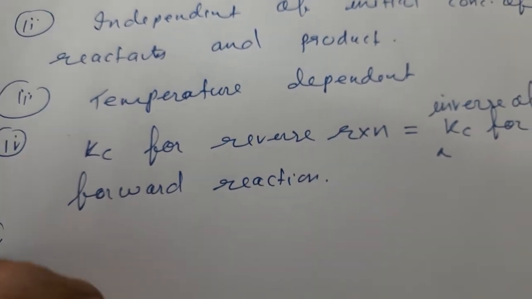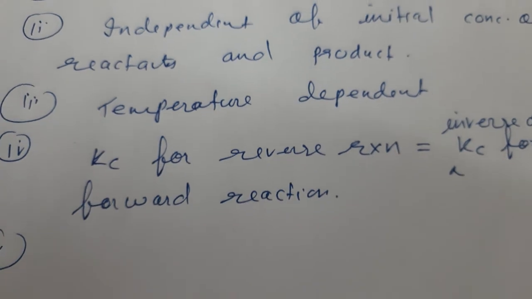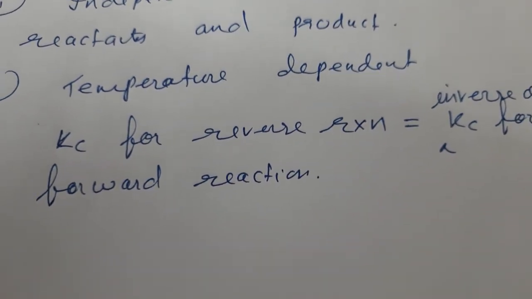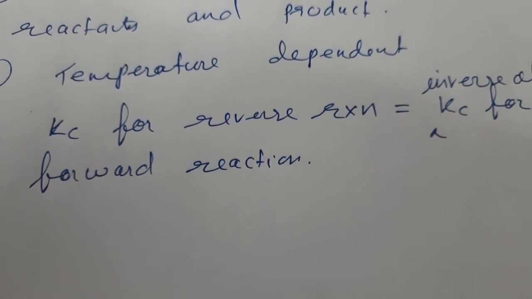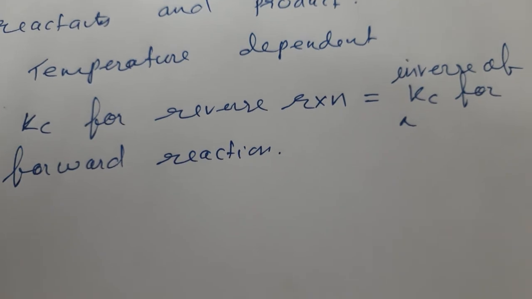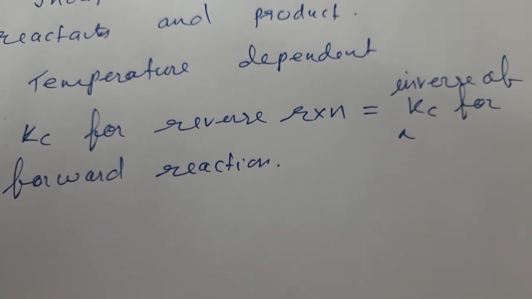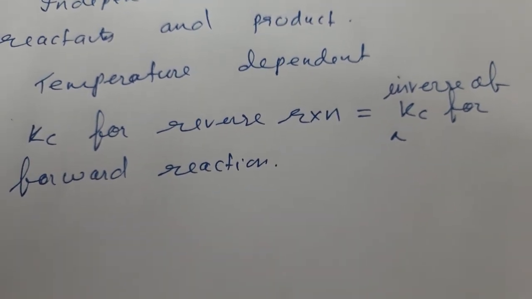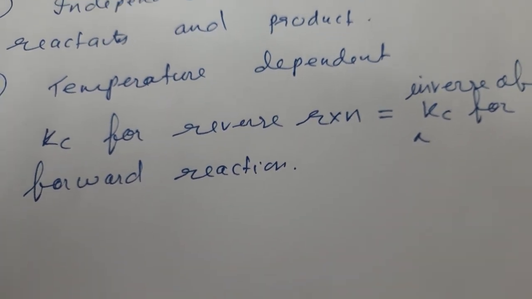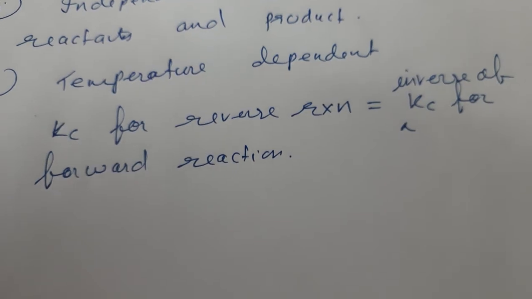The last point is: the equilibrium constant K for a reaction is related to the equilibrium constant of the corresponding reaction whose equation is obtained by multiplying or dividing the equation for the original reaction by a small integer. So the equation formed after multiplying or dividing the original reaction by a small integer is related to that equilibrium.